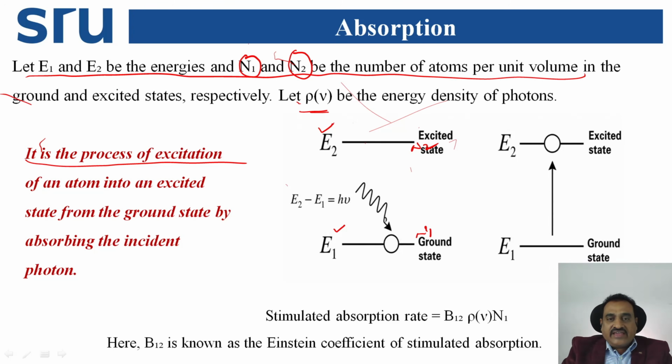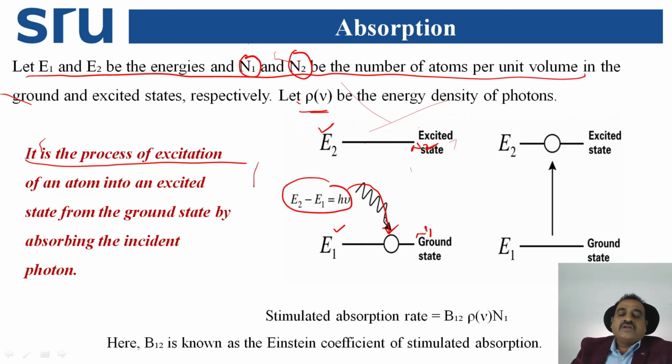So E2 minus E1 is equal to h nu photon energy is incident on the ground state atom. The ground state atom absorbs all the photon energy and goes to a higher energy state. The phenomenon is called absorption or stimulated absorption.